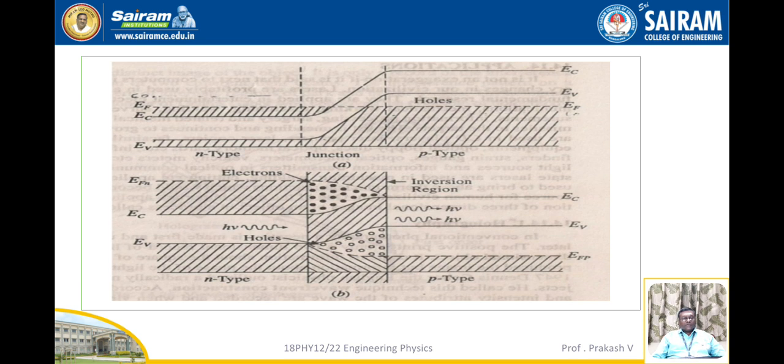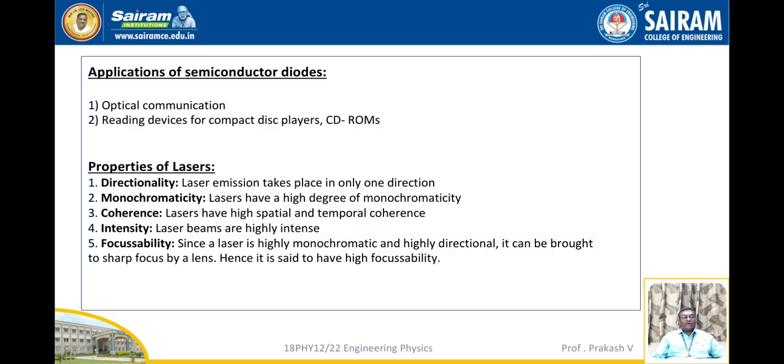So next, let us discuss the application part of semiconductor lasers. They are used in optical communication, and these lasers are used to read devices such as compact discs, etc. And if you look at the properties of laser, they have high directionality, that means laser emission takes place in only one particular direction.